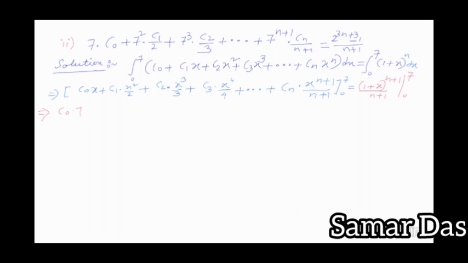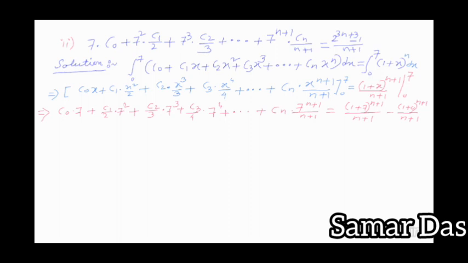Therefore, on the left hand side, we got c0 × 7 + c1/2 × 7² + c2/3 × 7³ + c3/4 × 7⁴ + ... + cn/(n+1) × 7^(n+1). If we put 0 as the lower limit, the whole thing is 0. The right side is (1 + 7)^(n+1)/(n+1) minus (1 + 0)^(n+1)/(n+1).